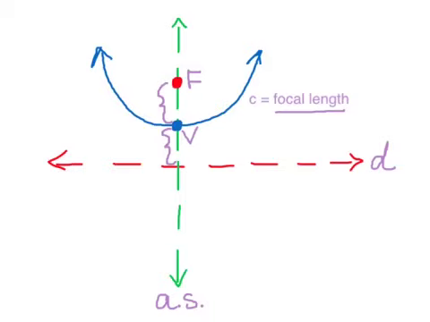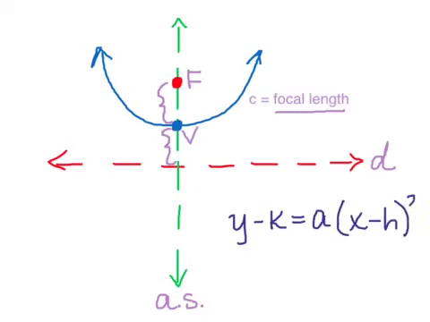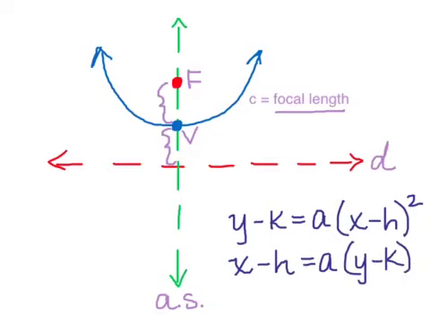You'll notice in the formula of a parabola, whether it is y minus k equals a times x minus h squared, or if it's the other way where you have x minus h equals a times y minus k squared.